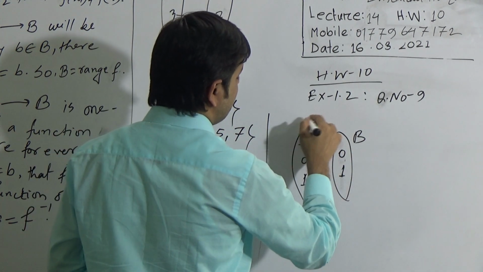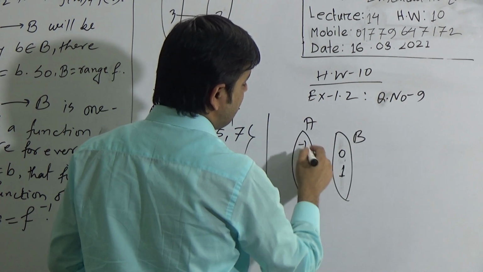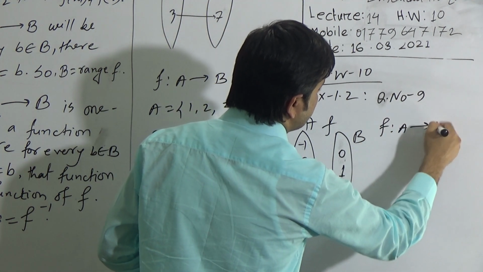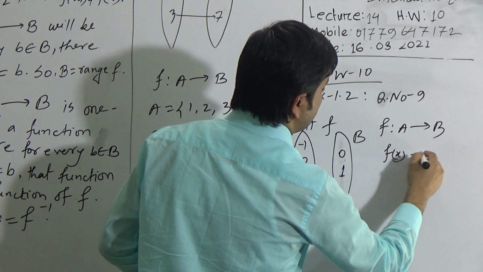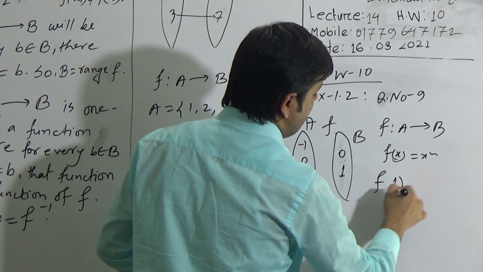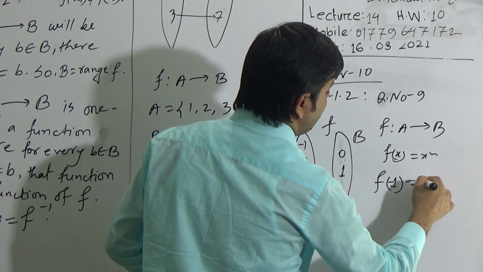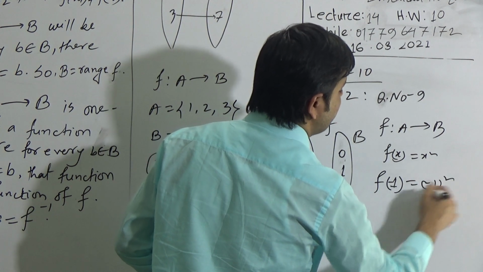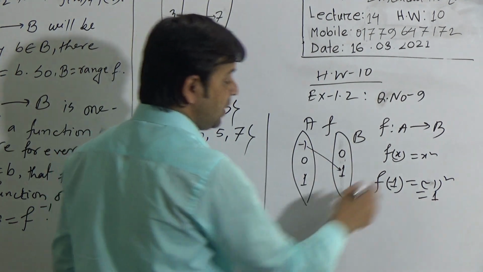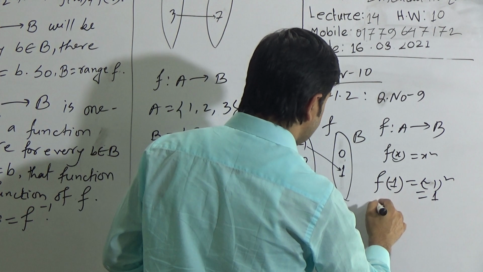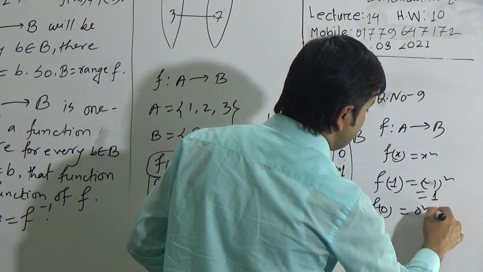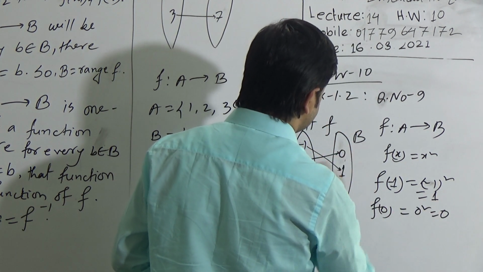Now see here, this is set A, this is set B. If we define the function f in this way, f is a function from A to B and f(x) equals x square, then when we take f of -1, it will be (-1) whole square, which means 1. So the image of -1 is 1. Again if we consider f of 0, this will be 0 square, which means 0. So the image of 0 is 0.